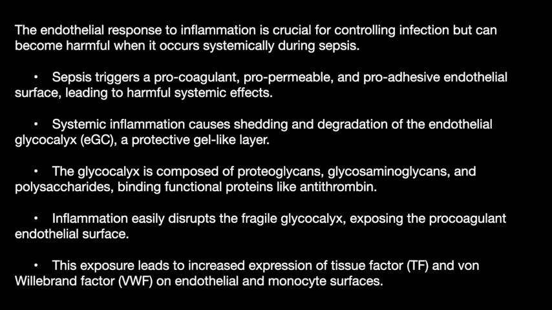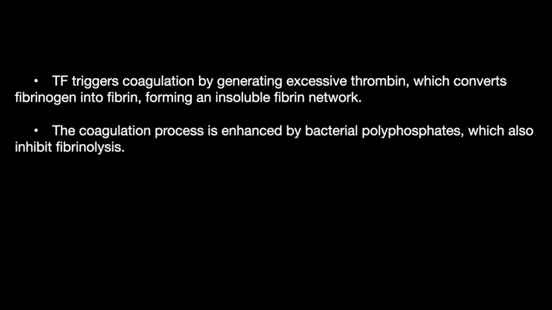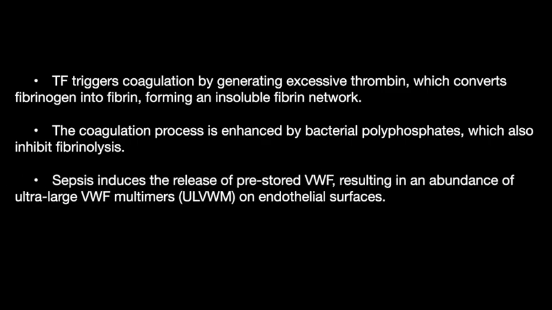This exposure leads to an increased expression of tissue factor and von Willebrand factor on the endothelial and monocyte surfaces. The tissue factor triggers coagulation by generating excessive thrombin, which converts fibrinogen into fibrin, forming an insoluble fibrin network. This coagulation process is enhanced by bacterial polyphosphates, which also inhibit fibrinolysis.